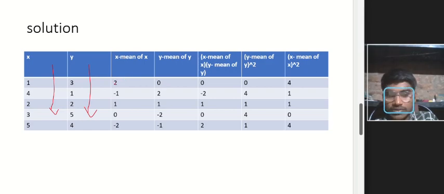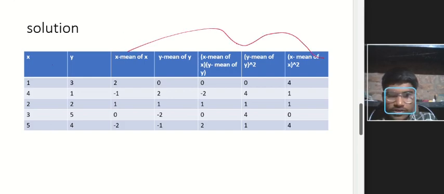So we get the mean of x as 3 and the mean of y as 3. Then we get x minus mean of x: 1 minus 3 is minus 2, and so on. Similarly, y minus mean of y: 3 minus 3 is 0.